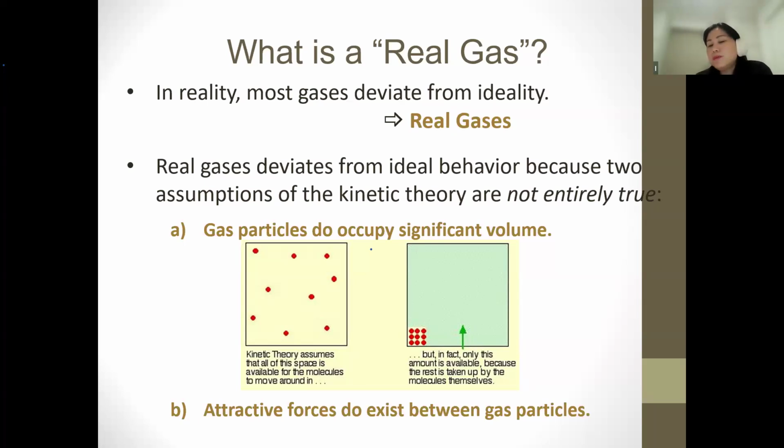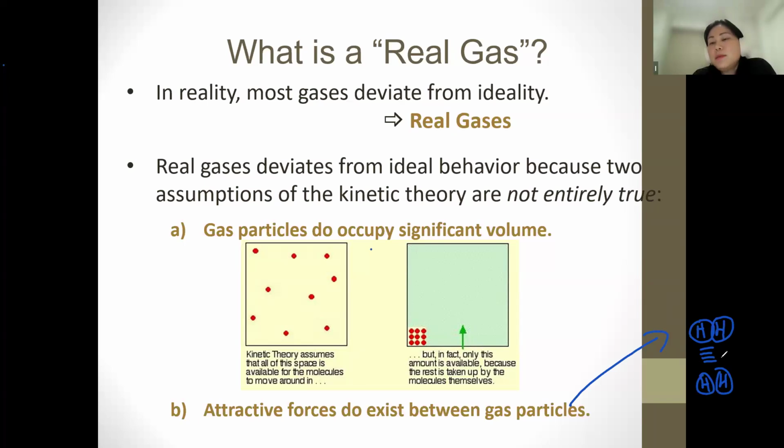And the second assumption that is not entirely true and causes a deviation is that attractive forces do not exist between molecules. Remember, we say that the gaseous particles have no intermolecular force. But in the real world, between molecules, there are intermolecular forces. If I have a hydrogen molecule and another hydrogen molecule, in between the molecules there will be intermolecular forces.